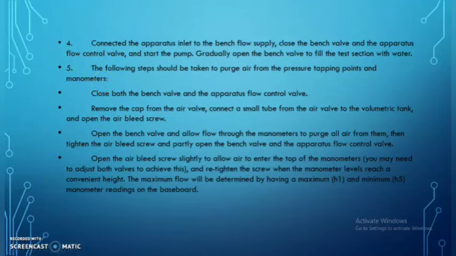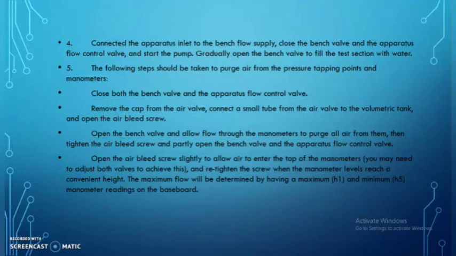And fifth, the following steps should be taken to purge air from the pressure tapping points. Firstly, close both the bench valve and the apparatus flow control valve. Remove the cap from the air valve, connect a small tube from the air valve to the volumetric tank and open the bleed screw.